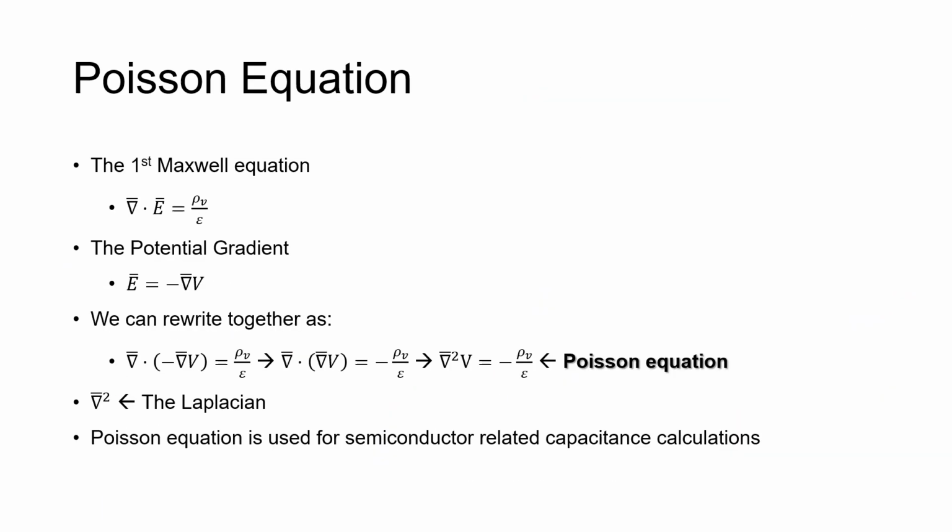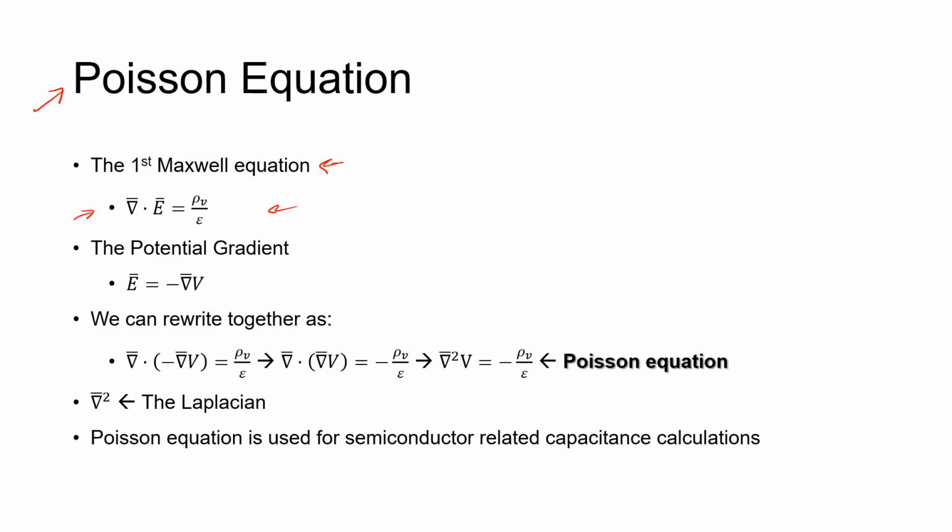Now we move to another topic which we will use to calculate the capacitance in a more systematic way. This is called the Poisson equation, and let's derive it together, starting from the first Maxwell equation which we have learned earlier, which is divergence E equal to rho V over epsilon.